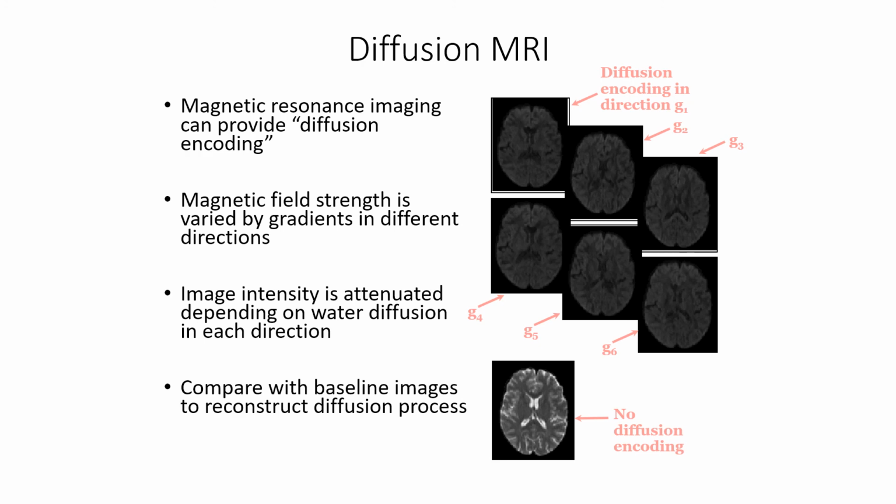So here, this is showing 6 images. If we want to represent 3-dimensional space, we can represent it here with these axes, our X, our Y, and our Z coordinate system.